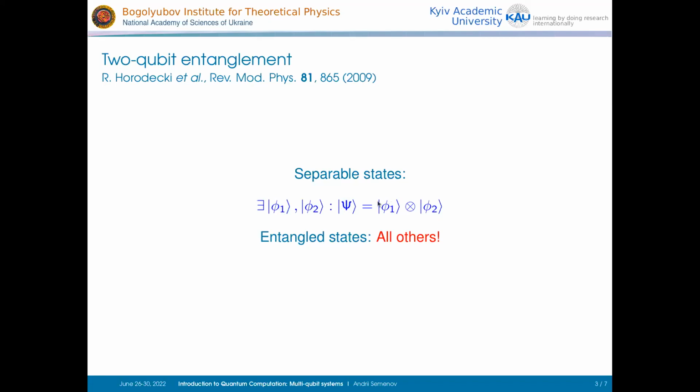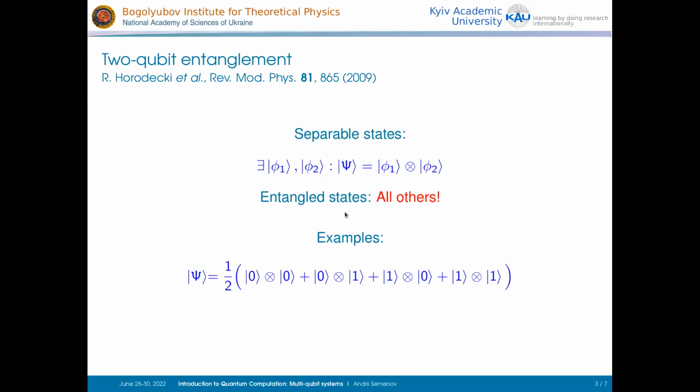So when you cannot present your two-qubit, or in general two-partite, system in such a form, then your state is entangled. And sometimes it is not clear what is entangled and what is unentangled. For example, we have such a situation. This is not like this. So this is not separable.